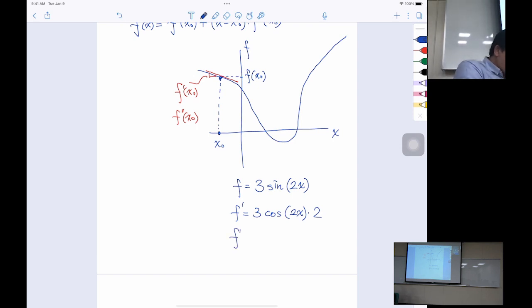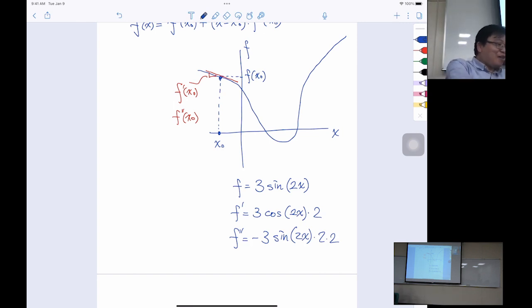If you take another derivative, then you have negative. Did I make a mistake? This is right? So it should be like this, right? Yeah. You guys make me worry about myself.